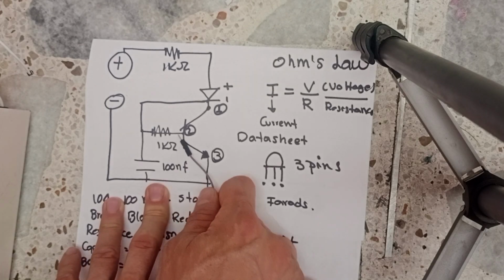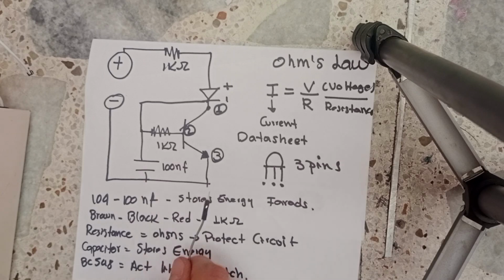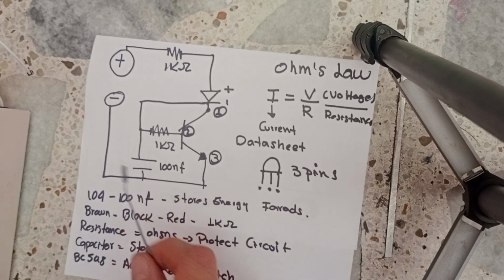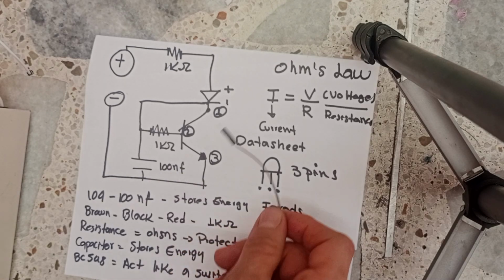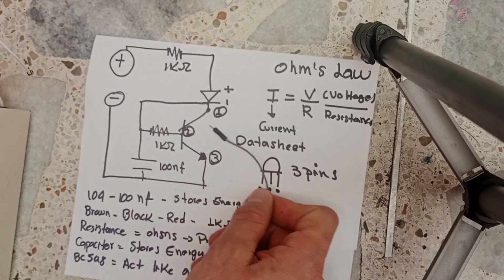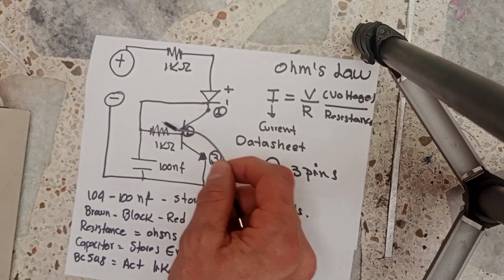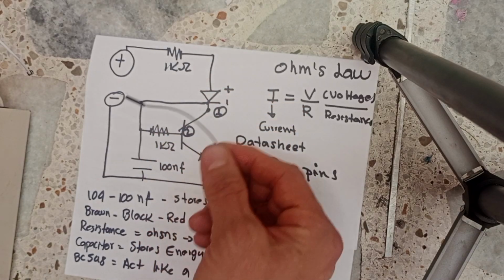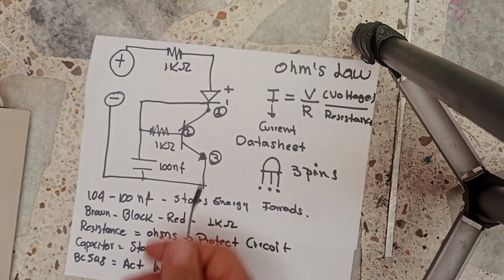Then you're connected at 2 and 3 at the same time, right? So the sequence is pretty easy to understand, right? Here you are storing energy to avoid peaks. Here you are acting like a switch, okay? And the resistance was put there to protect the circuit, right? What about Ohm's law?